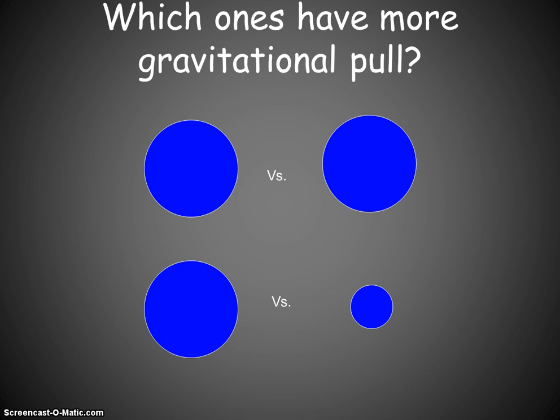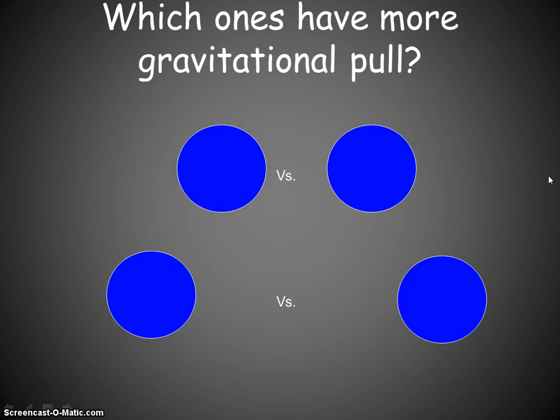So let's look at these. I know you've seen these before. Which pair has the greater gravitational pull? Obviously, it is this top pair because since they are all the same distance from each other, the two more massive objects will have a greater gravitational pull. And here, the two objects closest together, since they are all the same mass, the two objects closer together will have a greater gravitational pull.